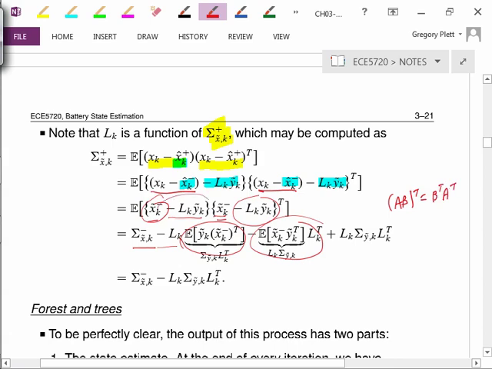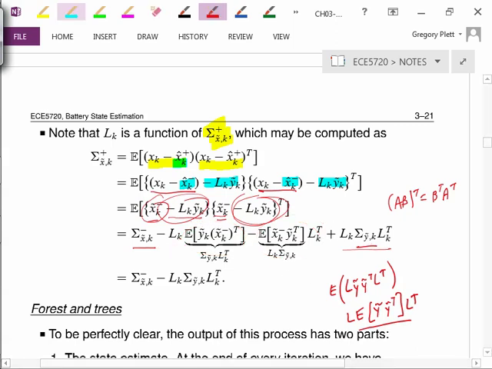And then finally the L y tilde and the L y tilde transposed gives me this. It's the expected value of L times y tilde times y tilde transpose times L transpose. L comes out because it's a constant and expectation is linear, so the constant comes outside. And the expected value of y tilde y tilde transpose is sigma y there.